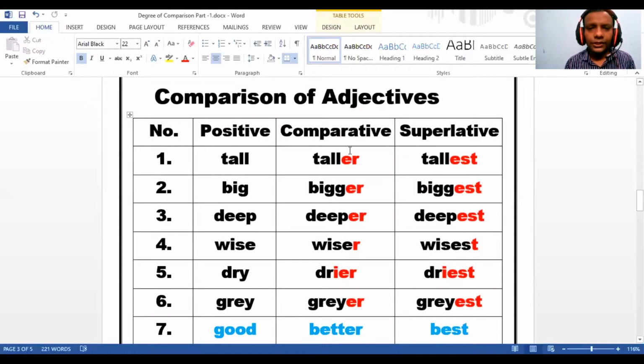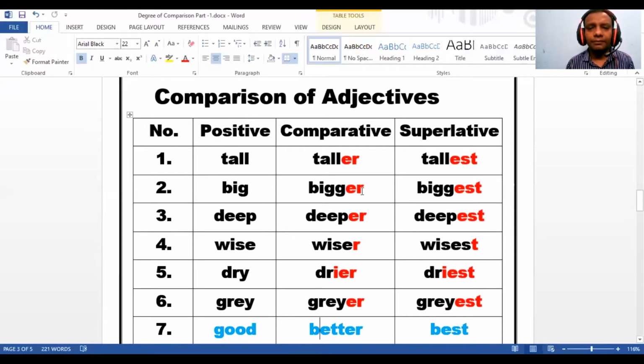In order to make comparative, you need to use er, and when you make it superlative, then you need to use est. So tall, taller, tallest, and big, bigger, biggest. Here you can see consonant, vowel, and consonant. So when you make it comparative, the consonant will be doubled.